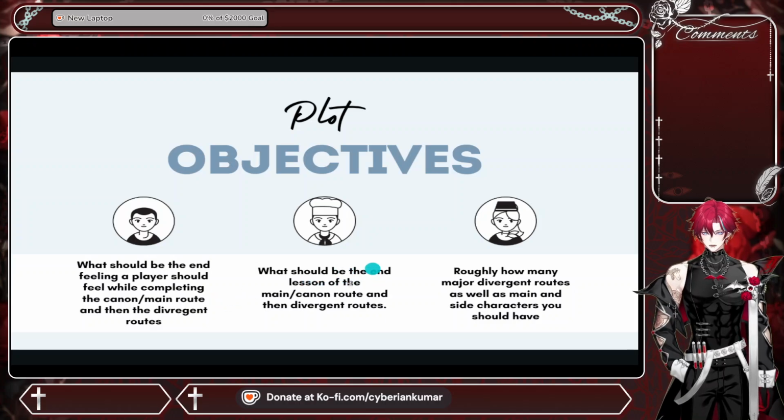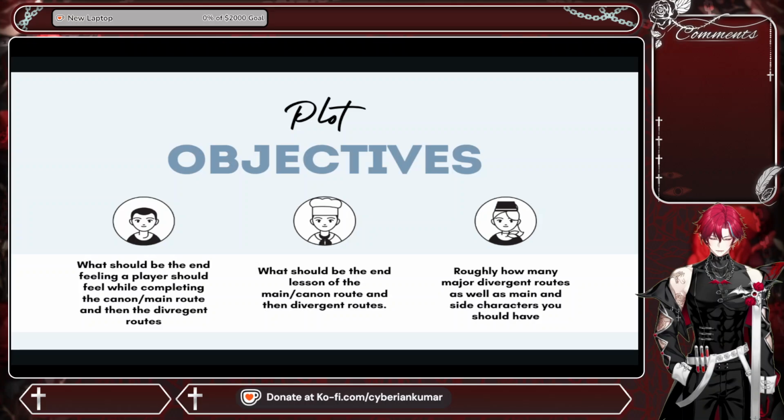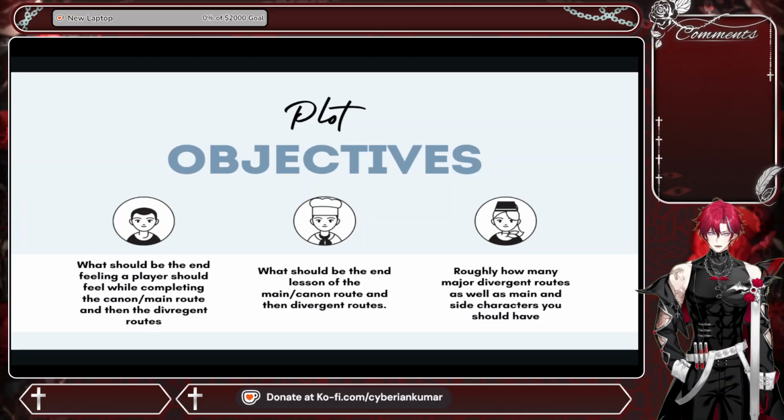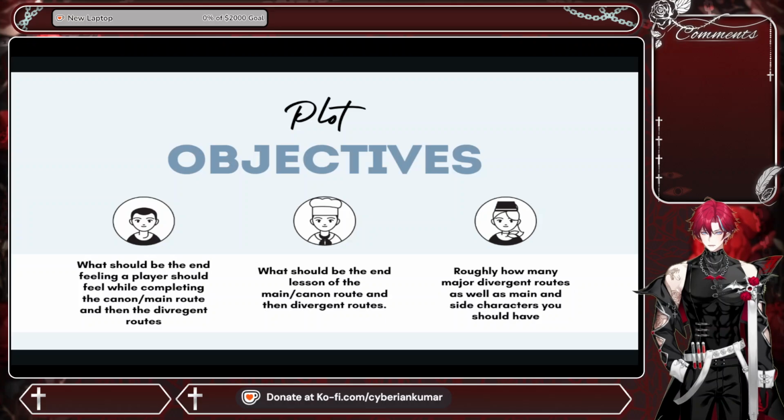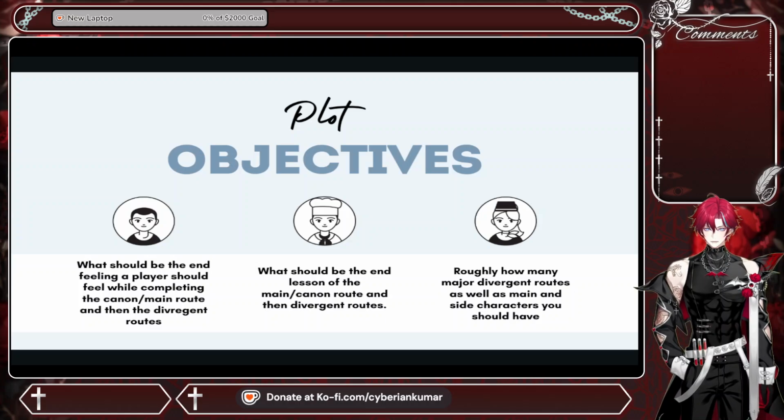Now the second thing you have to consider is, for your canon route, your main route, what should be the lesson learned? For the most part, it is a moral lesson you learn at the end of a route, or sometimes a lesson of wisdom.